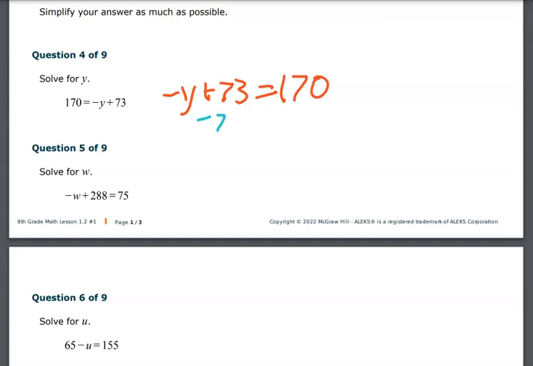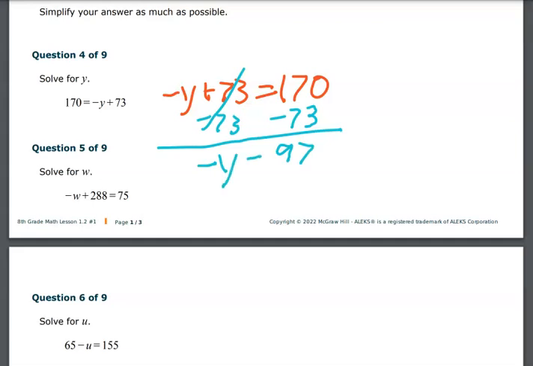I'm going to subtract 73. As I subtract 73, this cancels. Becomes 0. What this becomes is, I believe, 97. So then I have this negative y equals 97.